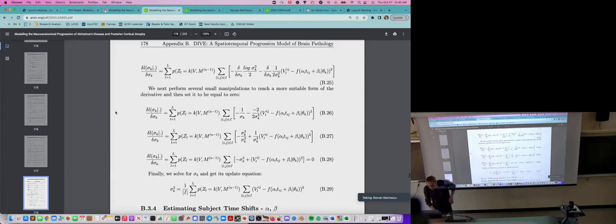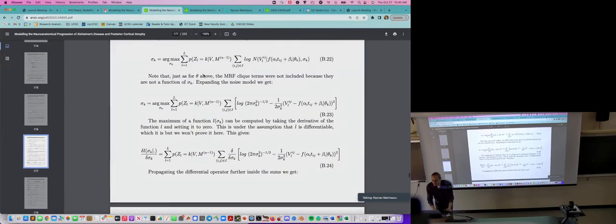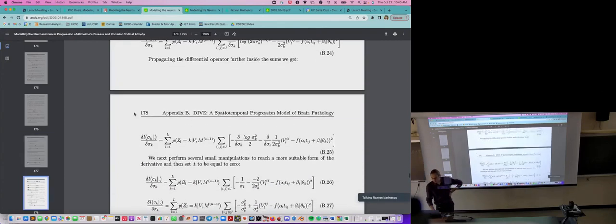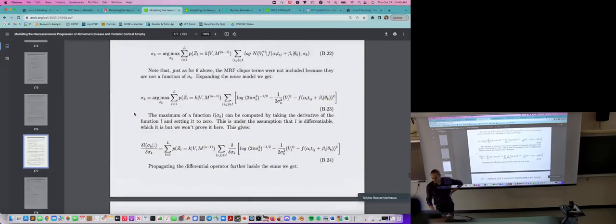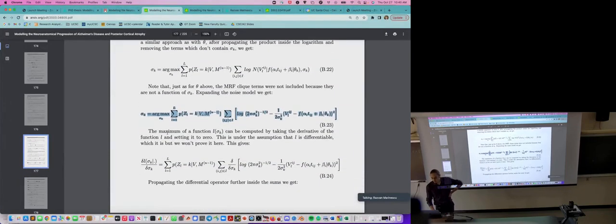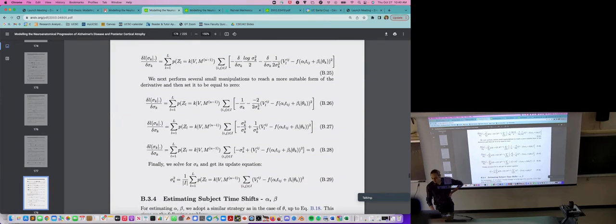Actually, I want to show something interesting for the measurement noise sigma of the Gaussian distribution. So for these sigmas, we actually do get a closed form solution. After we reach this form, we can take the derivative of the function and set it to 0.